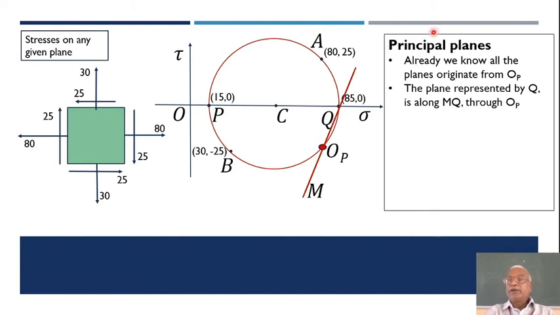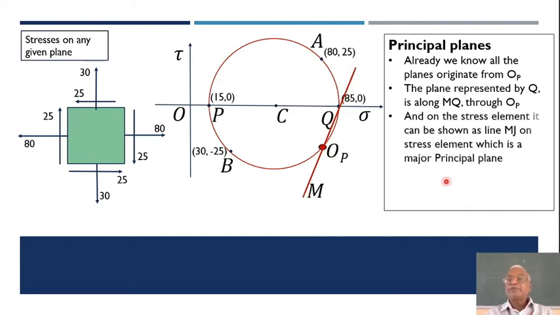The plane represented by Q is along the line MQ. You can just see here, MQ through OP, that is actually OP to Q. I have extended it up to M so that I can refer to it as MQ.